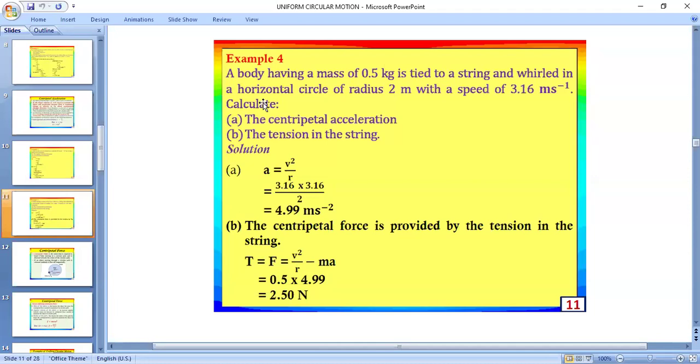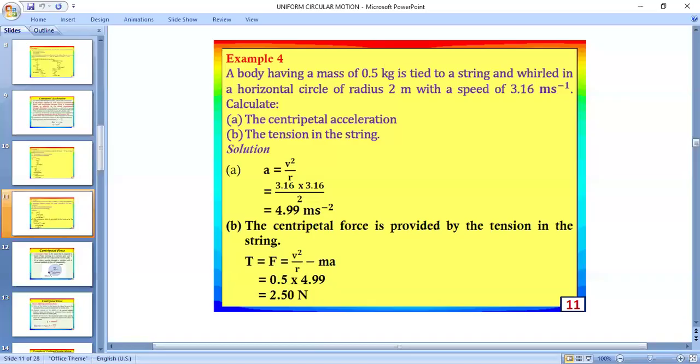And then part B, we need to talk about the centripetal force first. So you are supposed to know how to calculate centripetal force. Whenever we have a body that is revolving in a circle or moving in a circular motion, let's say a car revolving around the roundabout or merry-go-round, then it experiences centripetal force.